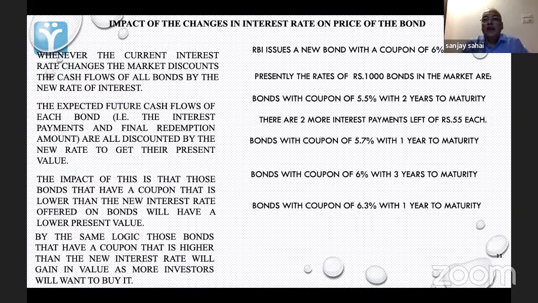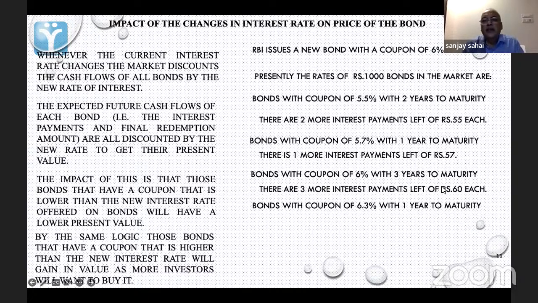So I've just tried to give the cash flows here. In the case of this 5.5% bond, 2 years to maturity, in these 2 years, you will get rupees 55 each, and then you will get the 1,000 back. In this bond, you will get 57, 1 year to maturity. You will get 57 in the next year, and you will also get your 1,000 back. In the 6% case, there are 3 years to maturity.